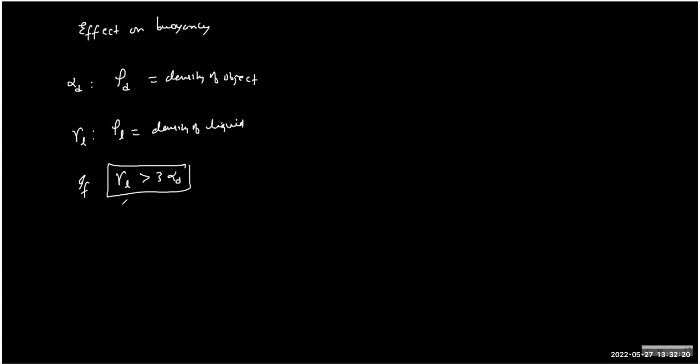But if the object expands faster than this, what will happen? If the object expands faster, then the volume of the object will increase more than the decrease of density, and therefore the buoyant force will increase in value. Okay, so you can think of it that way also. And if you want it mathematically, I can write the entire formula. So what can you write? The buoyant force is V rho G, where G is constant.